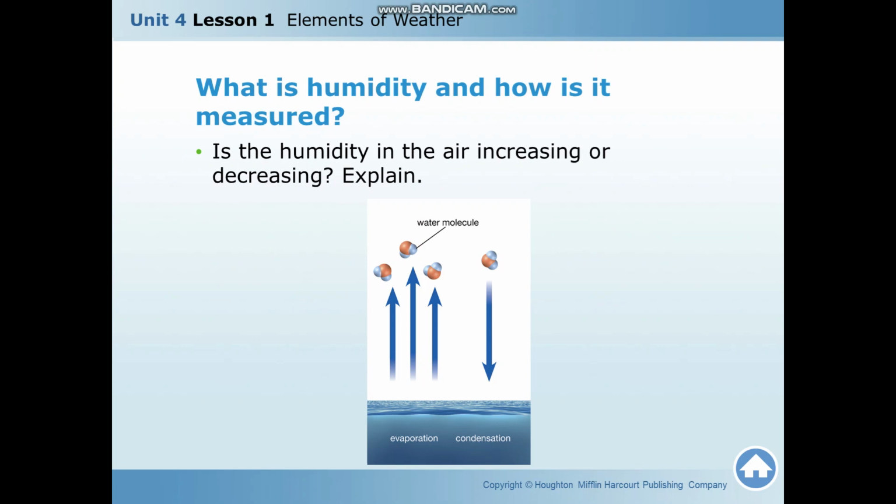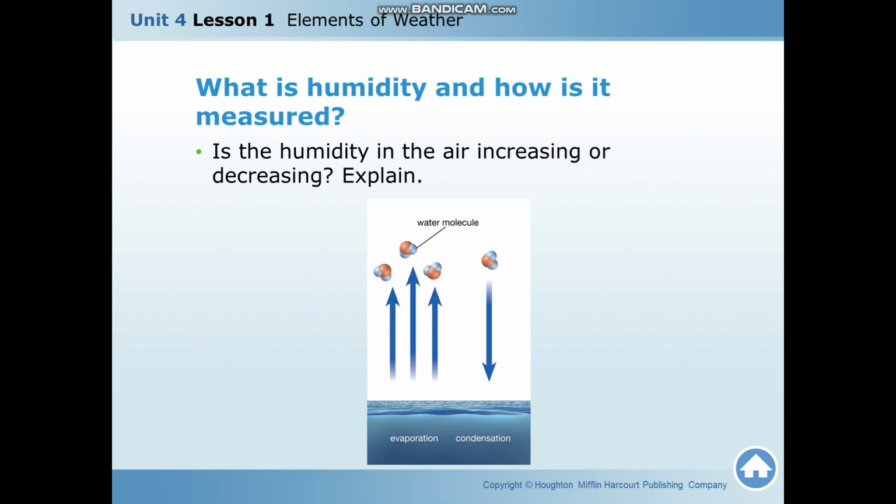And there's a question here. What is humidity and how is it measured? Is the humidity in the air increasing or decreasing? Yes, so if you look at this picture, you can see the arrows going up and going down. The arrows going up indicate evaporation is occurring, and arrows going down mean condensation is occurring.